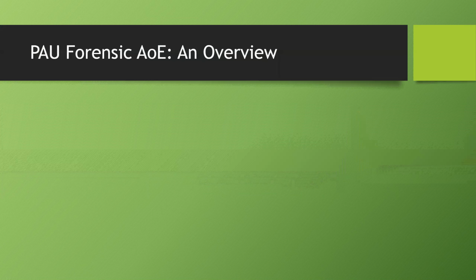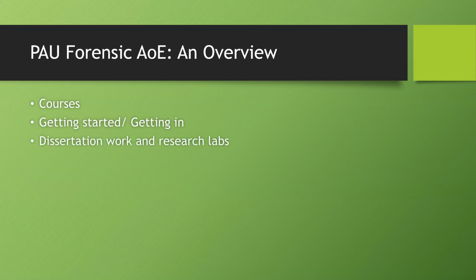One of the things I want to do just quickly is to give us an orientation. So I want to go down through in a specific order here, and I want to touch on the courses that we have in the area of emphasis. And then I want to hit on what it means to get started or get into the area of emphasis, talk about the research work, dissertation work and research labs that are available to you as a member of the area of emphasis.